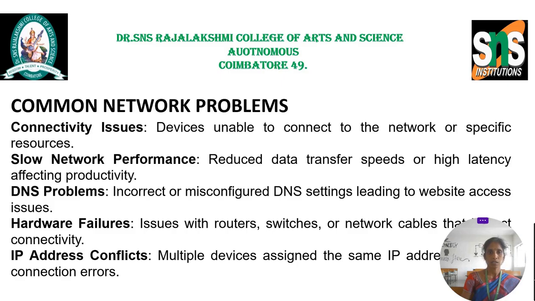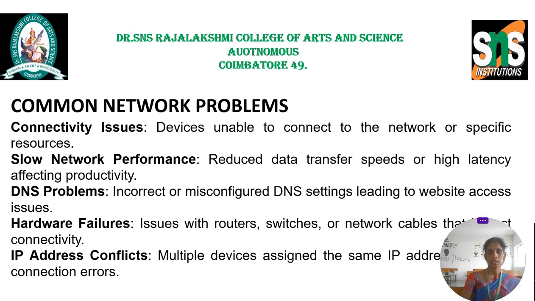So it is the major issue. We have to identify and rectify that particular issue. And then slow network performance. It will reduce the transmission speed automatically, and it also increases the latency time. So it directly affects the performance of the network.